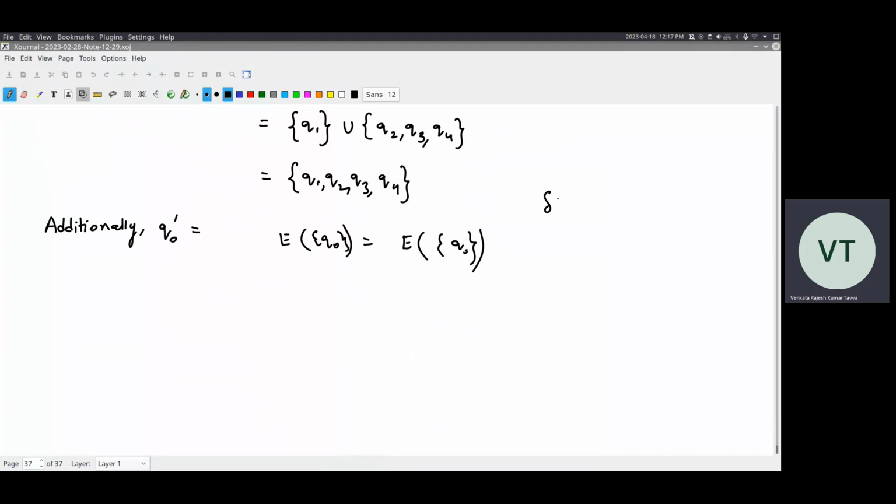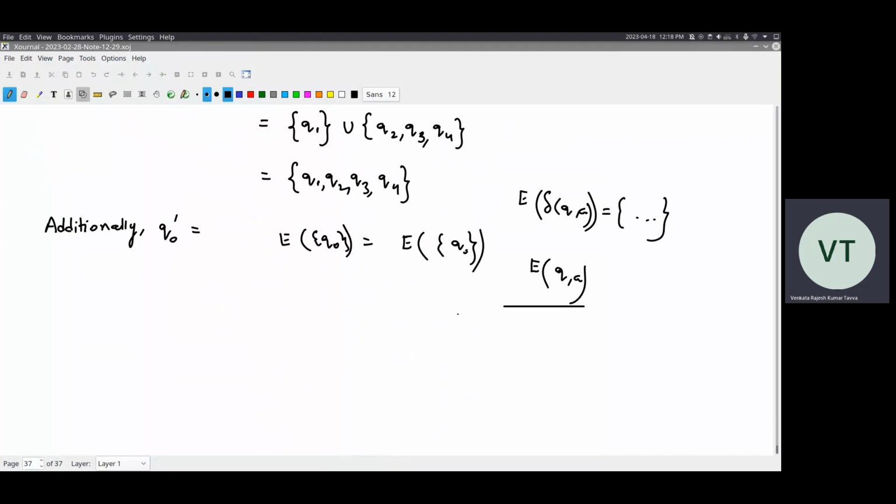Because the output of delta of some Q comma A is some set, we are able to give it as input to E. We cannot give Q comma A as input to E. We have to give delta of Q comma A because that will give me a set. So either I directly take the set or I give delta Q comma A as input.